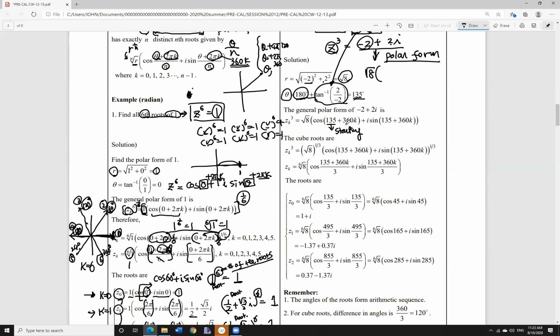So the next angle is what? Post terminal around 1 revolution, right? So we have to add 360 degrees, so 1, 2, 3, 4, something like that. This is the general angle. We just express it in general angles. When you take a cube, this one is the square root of 8, that is the magnitude, and inside the cosine, the starting angle 135 in general form has 360k added.